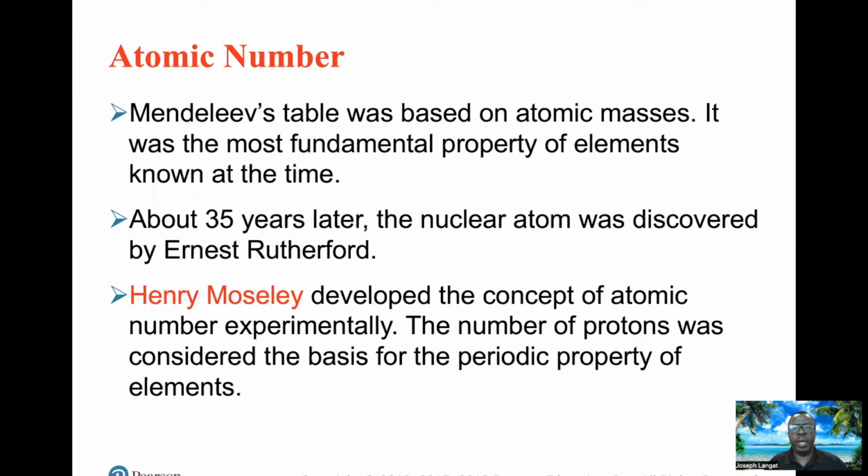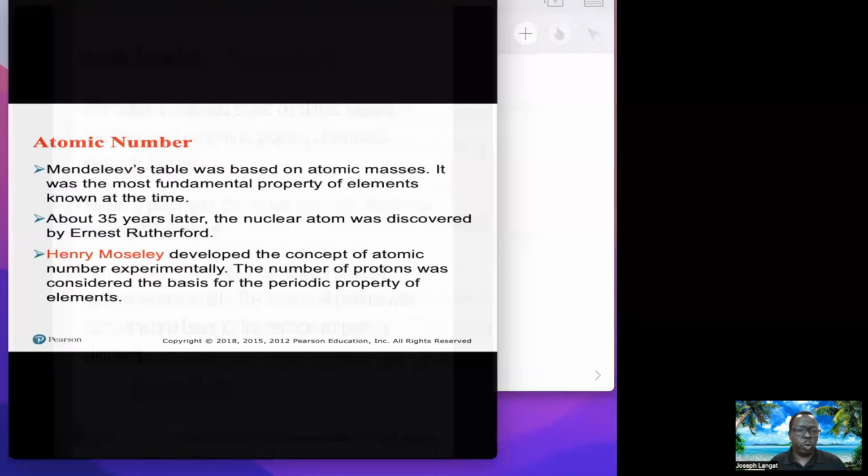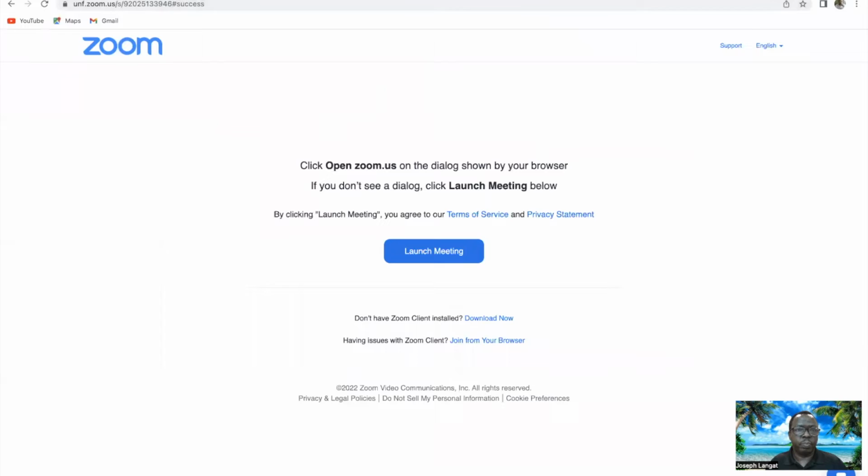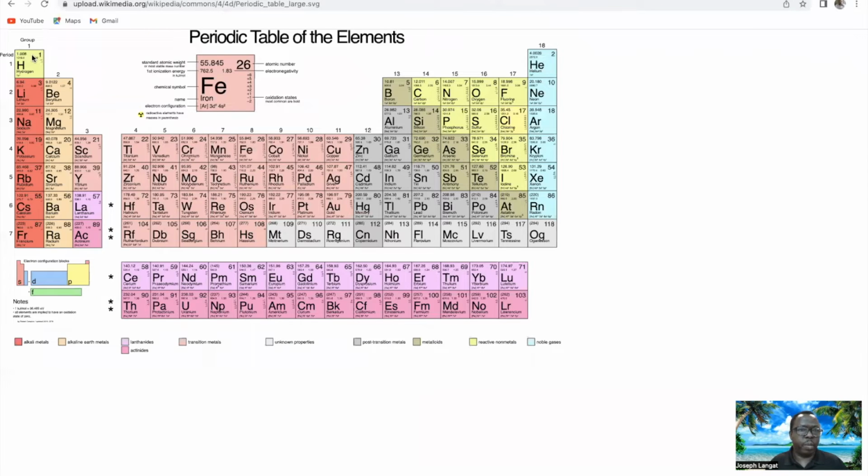And how did we end up with the atomic number, which is the position of an element on the periodic table? For example, let me just shift to a periodic table. You look at the periodic table here: number 1, number 2, number 3, number 4, number 5, number 6, and so forth. You have seen this before.